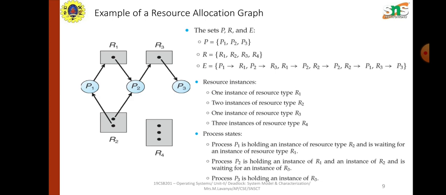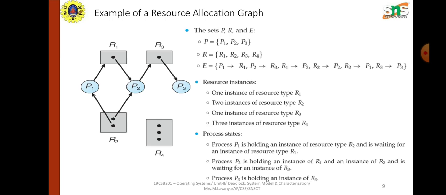And for the processes which are holding resources: in this, the process is requesting a resource while already holding a single instance of R2. Do you get it clearly? In this, R2 has 2 instances. One instance is allocated to P2 and one is allocated to P1.